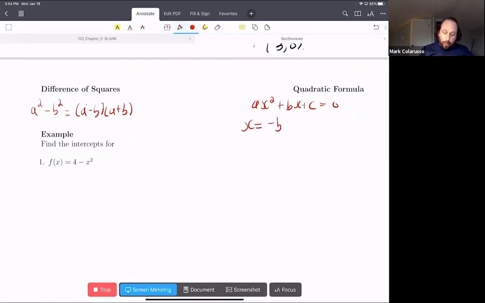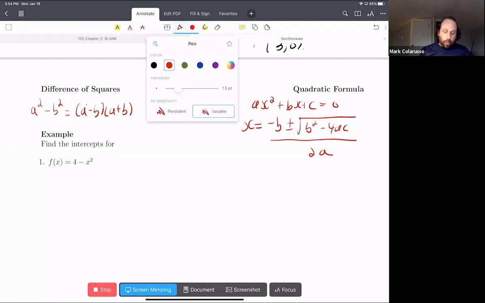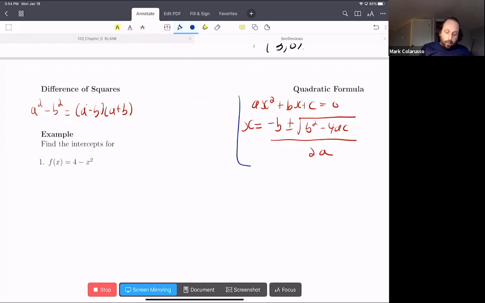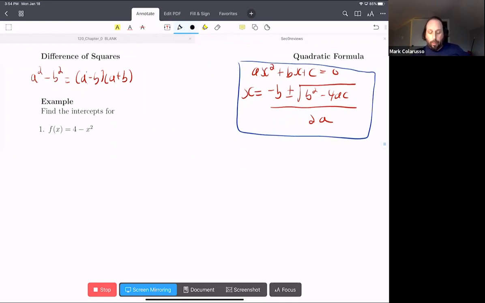So that's x equals minus b plus or minus the square root of b squared minus 4ac, over 2a, right? This comes up so often in math and in applications that it's a really, really good idea to have this memorized at your fingertips. You've probably used it up the wazoo, I don't know how many times.